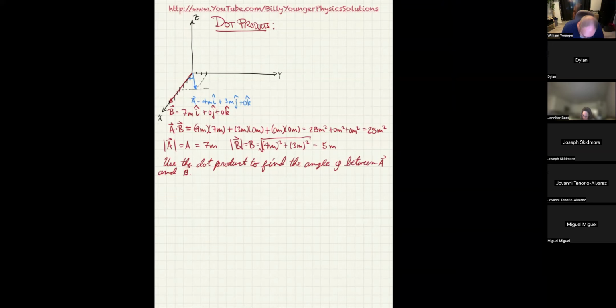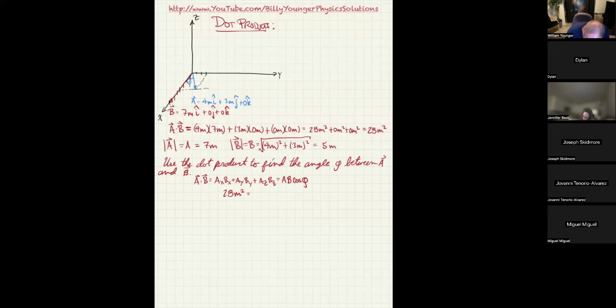So what we know is A dot B is equal to AxBx plus AyBy plus AzBz. We also know that that's equal to A times B times cosine, in this case, phi. And I'm going to just label this phi right here. So I can now use that. I already know what AxBx plus AyBy plus AzBz is. I know that gives me 28 square meters.